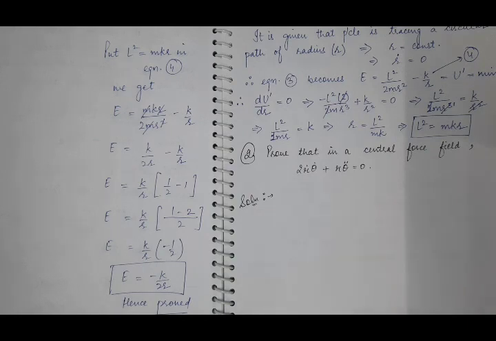So for a particle which is moving under the effect of central force, we know that its angular momentum is given by mu r square theta dot. This we have proved in an article, motion of a body under the effect of central force.